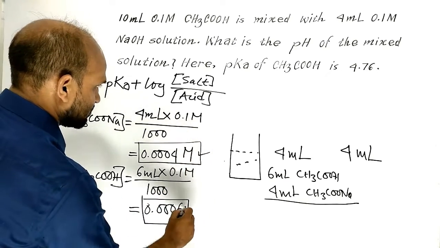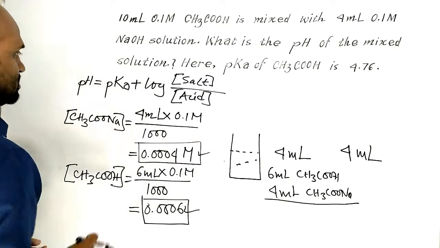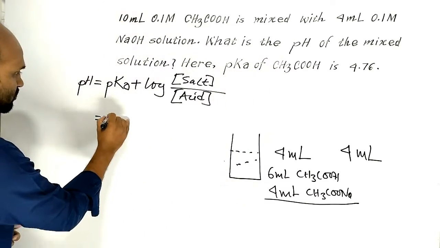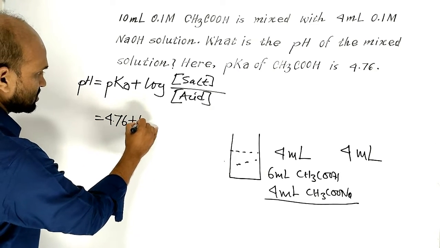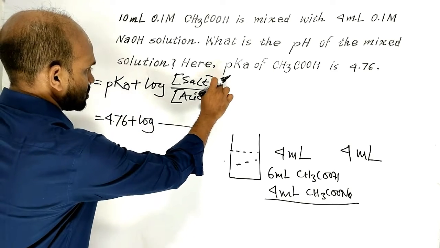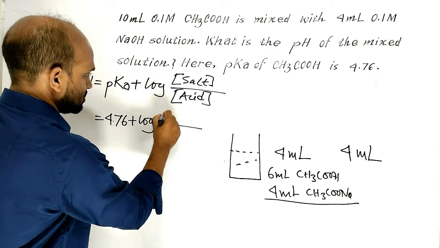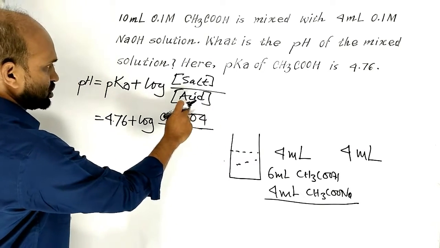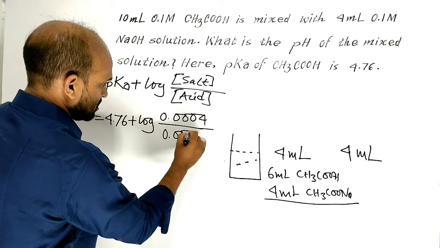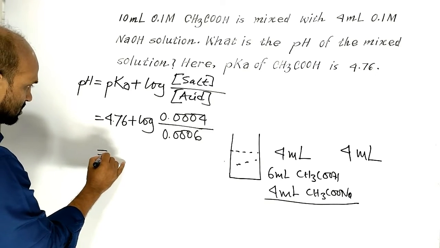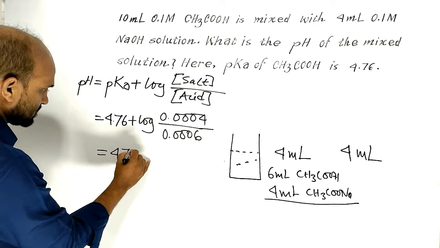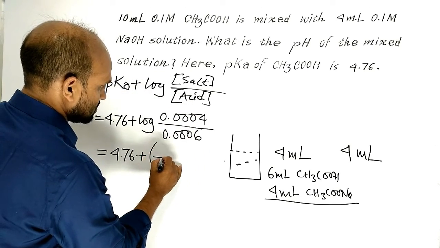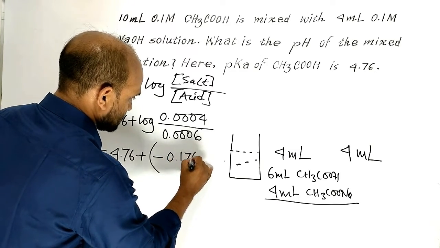Now putting these values in the above equation, we can write pH is equal to pKa for acetic acid, 4.76, plus log concentration of salt that is obtained, 0.0004, concentration of acid is 0.0006, is equal to 4.76 plus this is equal to minus 0.176.